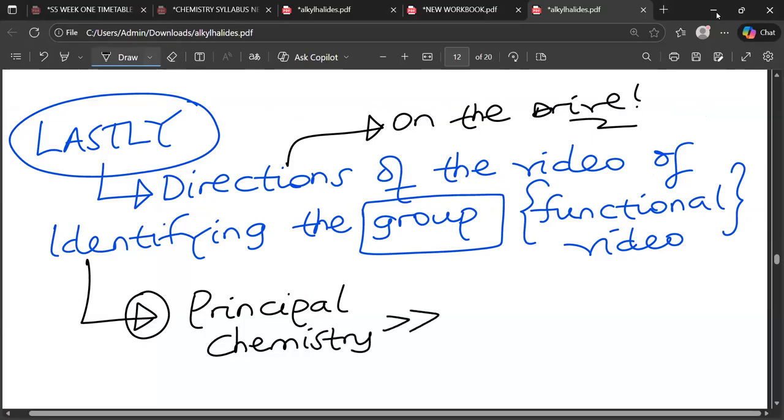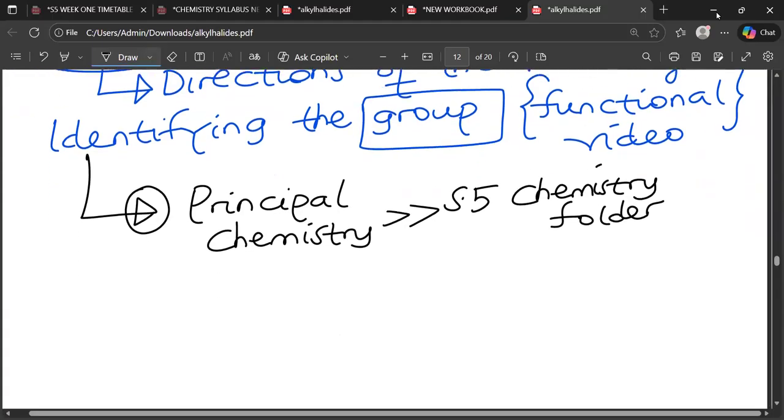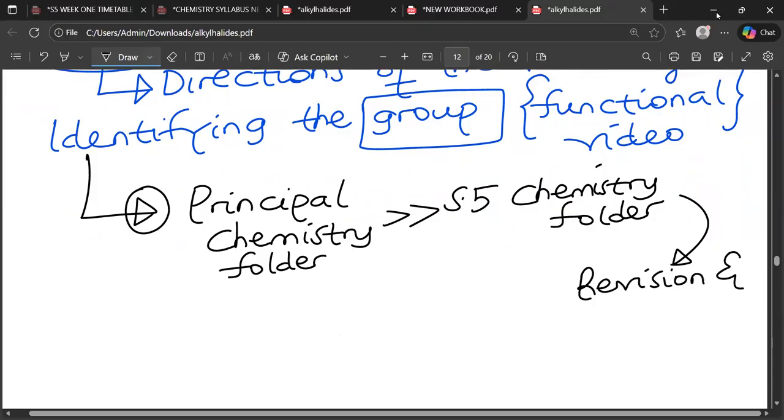From principal chemistry, go to senior 5 chemistry folder. After that, you go to revision and e-library.